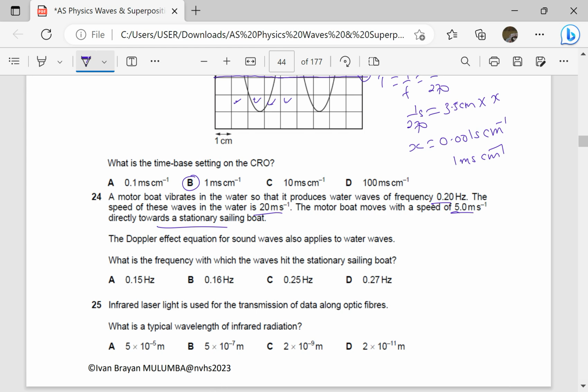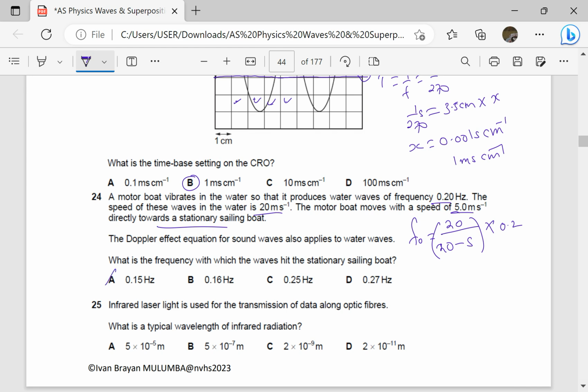Okay, since the motorboat moves with that speed directed towards, the observed frequency is going to be the speed of the waves, which is 20, divided by 20. Because it is moving towards, we shall subtract the speed of the boat, which is 5, then times the frequency of the waves, which is 0.2. Because it is towards, the frequency must be above 0.2.